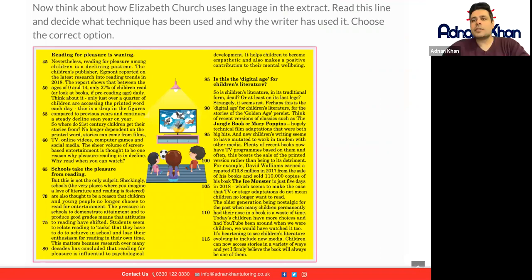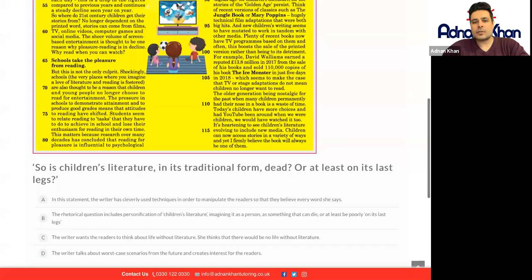And how does Elizabeth Church use language by taking this sentence into account? So have a look at this one. So, is children's literature in the traditional form dead, or at least on its last legs?